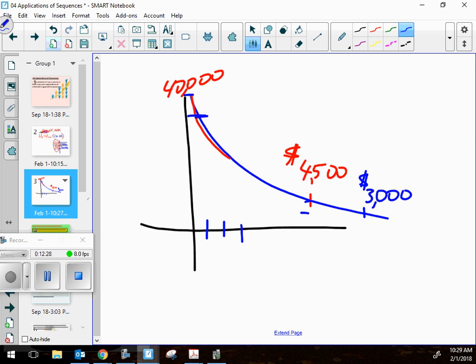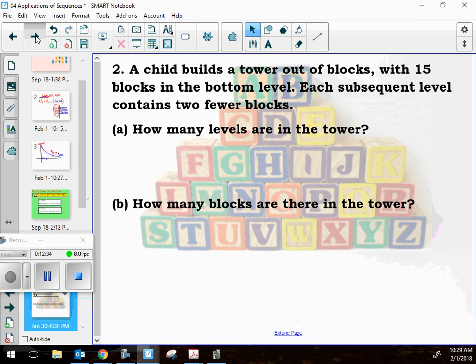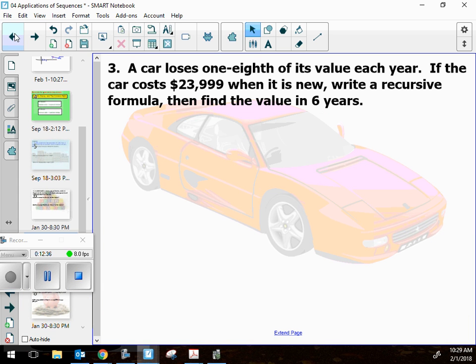All right, so this is another typical example. We have one in our homework here. Let's arrow down to the one about the car right here. A car loses 1/8 of its value each year. Now notice we weren't nice and we didn't say it goes down 5% per year. But we told you how you could figure out what percent it goes down. Use your calculator and figure out what percent that is.